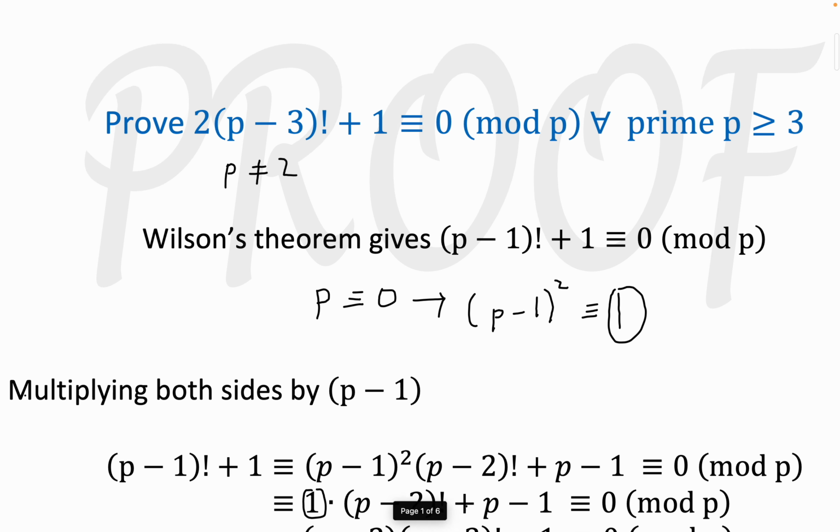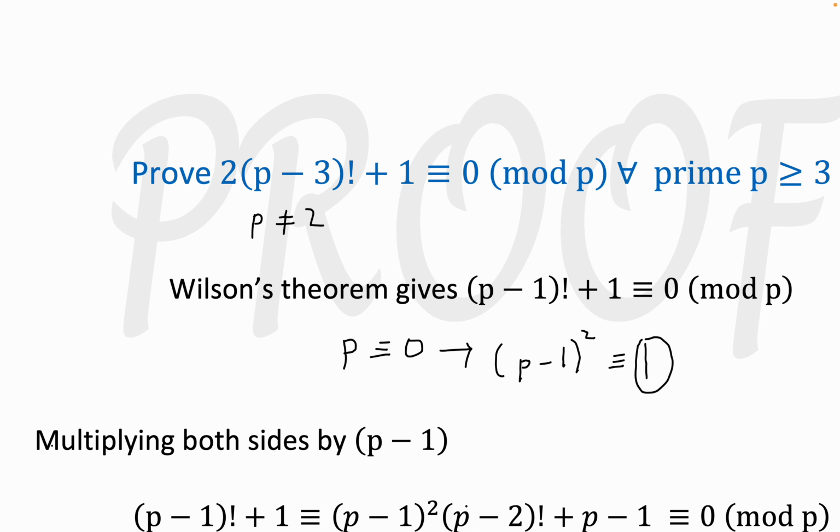Okay, so QED. Now let's just do a concrete example here. Let me come up here a little bit and see if I got some space. Notice that if we take p equals 7, which is a prime number of course, in this statement right here, (p - 3)! is 4!, which is 24.